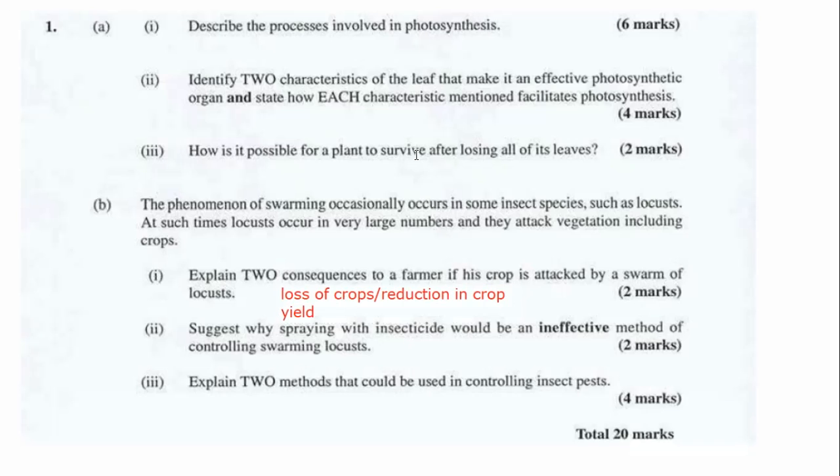Suggest why spraying with insecticide would be an ineffective method of controlling swarming locusts. Because it would also create damage to the crop.